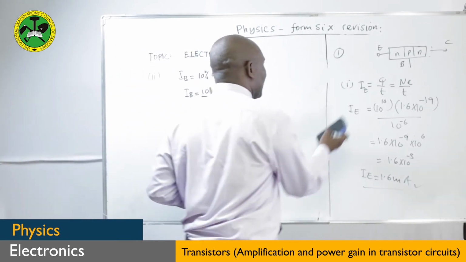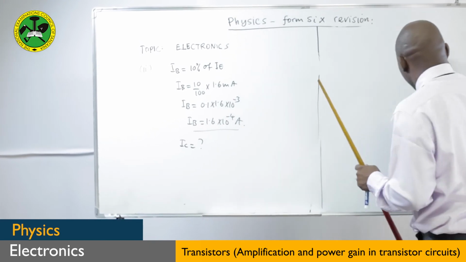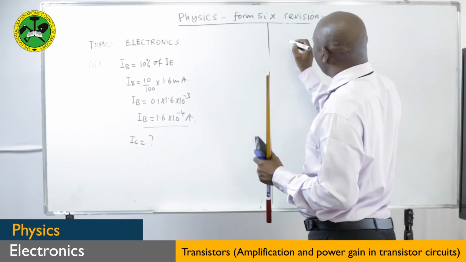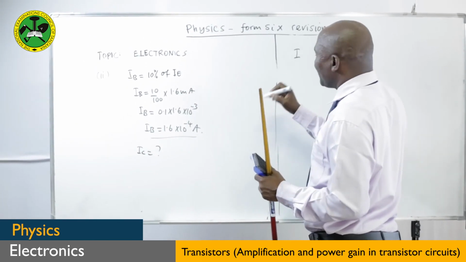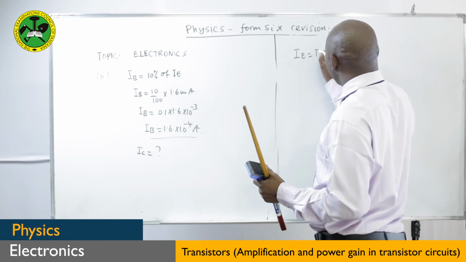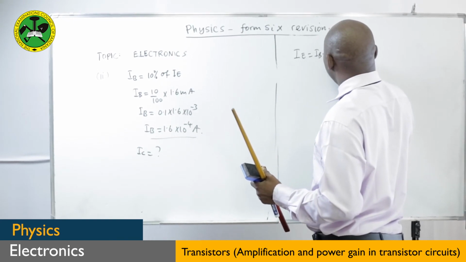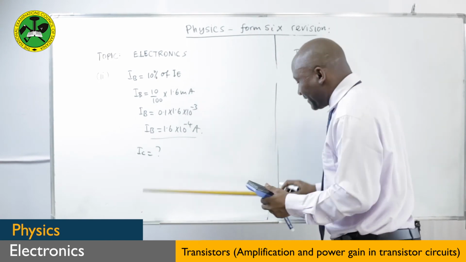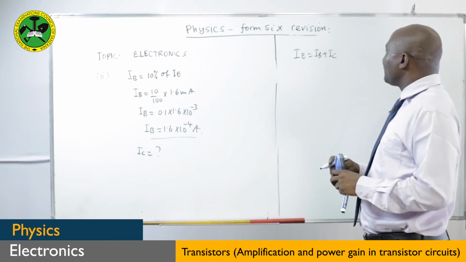Simple. Recall the formula which connects them. We don't have the other information, but you know that IE equals IB plus the collector current. This is the basic equation that we derived from the beginning of the lesson.